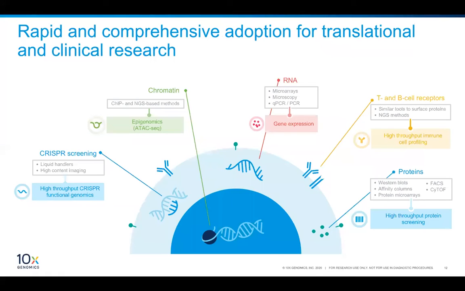With our single-cell gene expression and immune profiling solutions with the feature barcoding technology, you can perform the following. Number one, you can integrate all the information, including the identifications of all cell types that could be influencing tumor growth and progression, as just discussed.